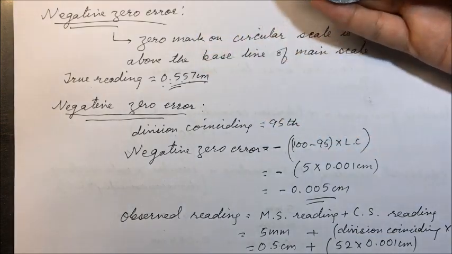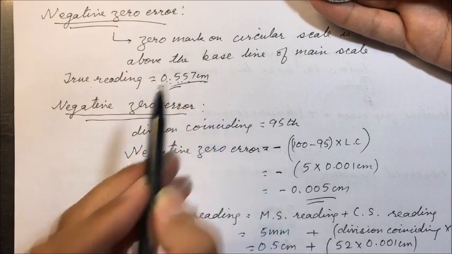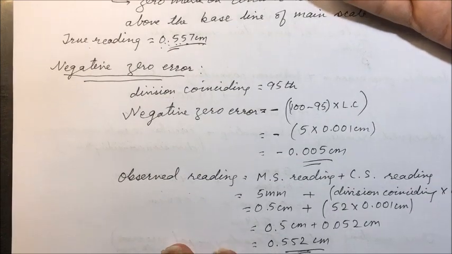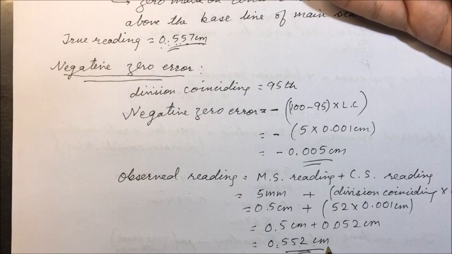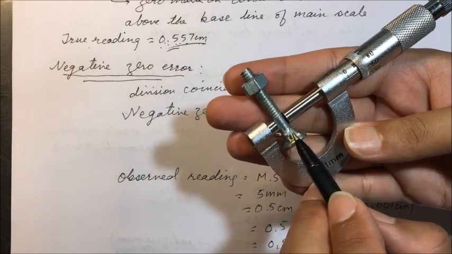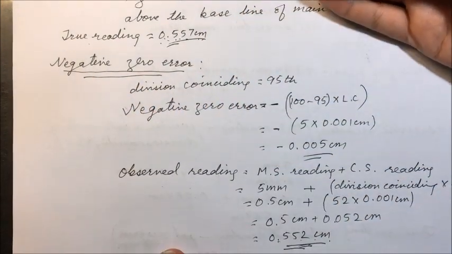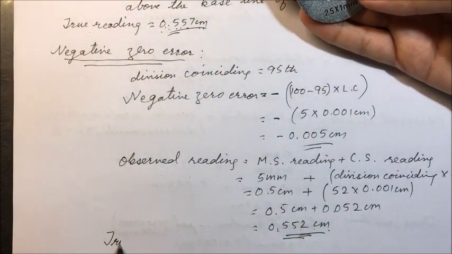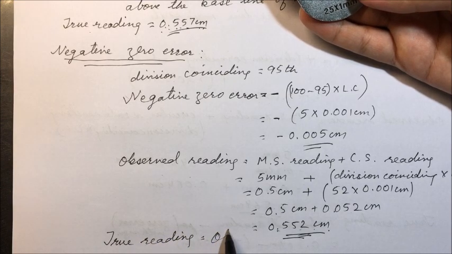centimeter. The true reading was 0.557. Observed reading is less. So when the instrument is having negative zero error, the observed reading will always be less than the true reading. Now to calculate the true reading: true reading equals observed reading minus zero error.